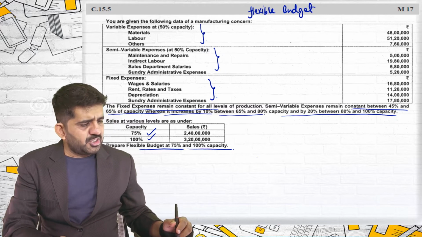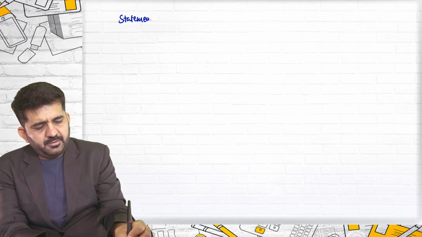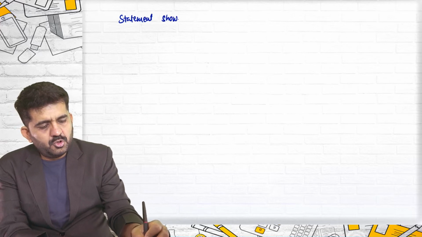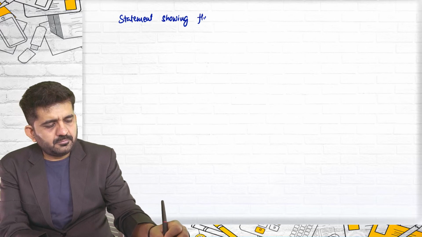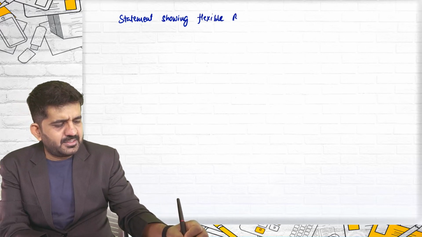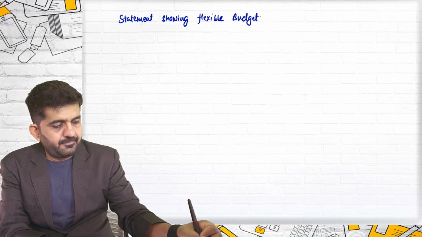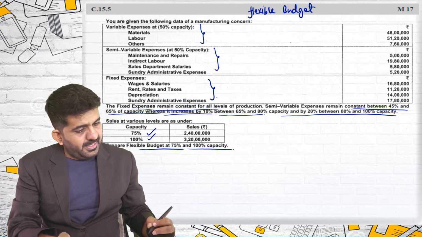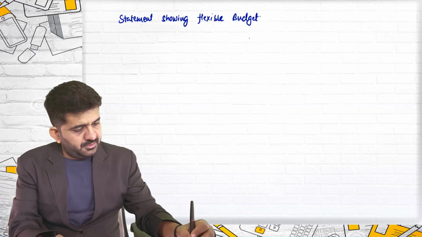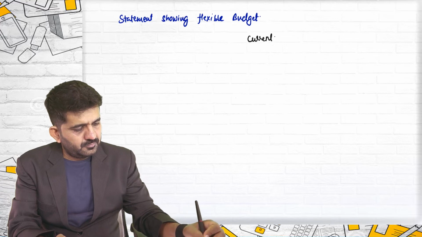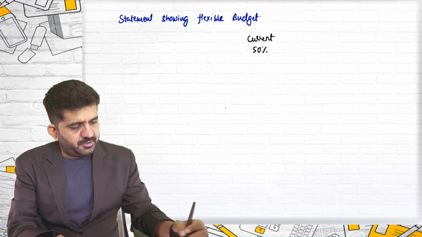All right, I'm just preparing the current scenario first. Statement showing flexible budget. The current situation is at 50%.